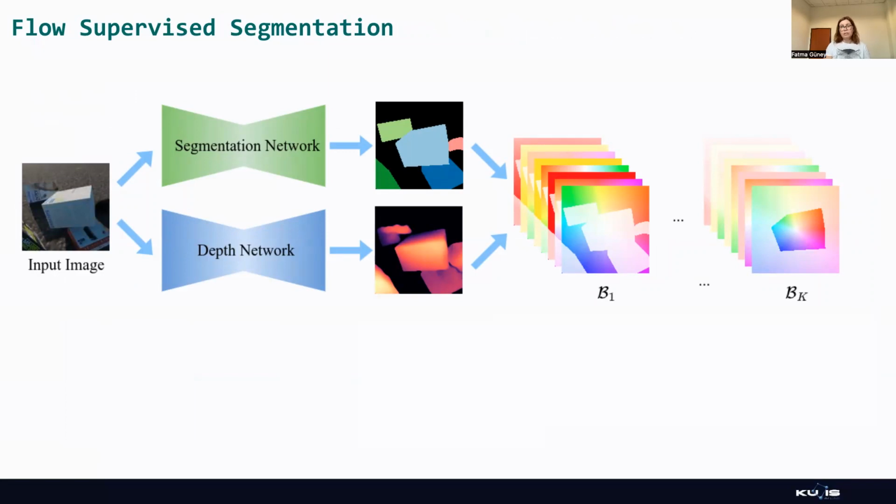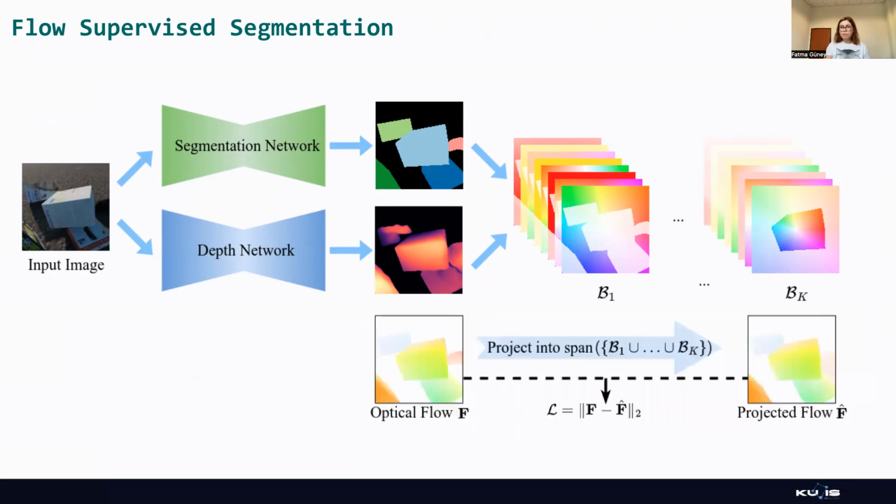What we do is we train a segmentation network to extract each region for us, and a monocular depth network to obtain pixel-wise depth predictions. Using the output of these two networks, we create the flow bases which explain the motion in the scene. We assume that we have access to optical flow during training.